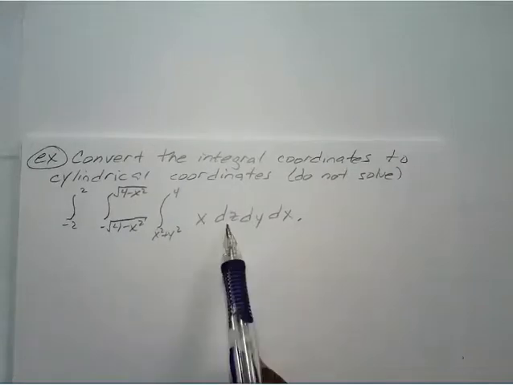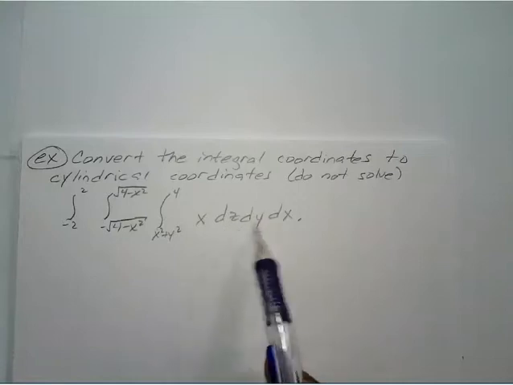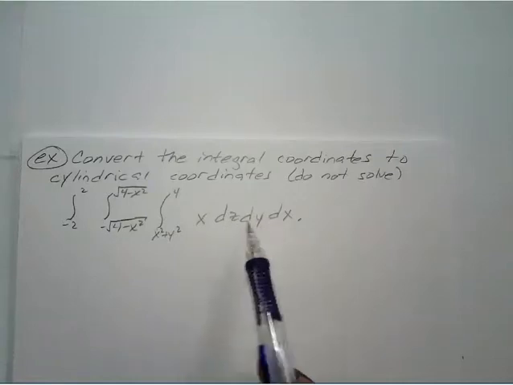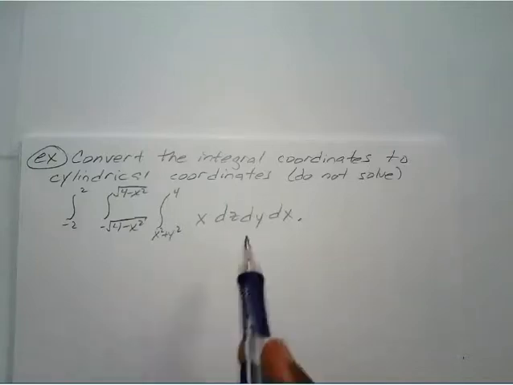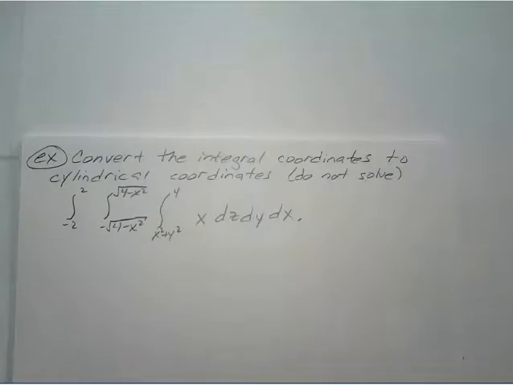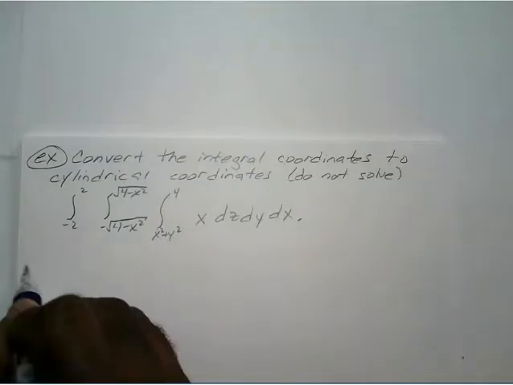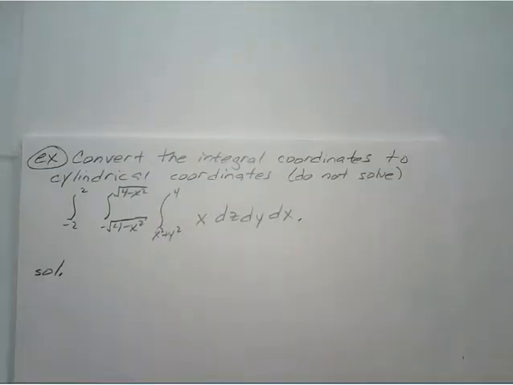Okay, so we have our rectangular integrals. We want to convert those to cylindrical. So we want to have a z, r, and theta in any real order, since they're all the same. Okay.